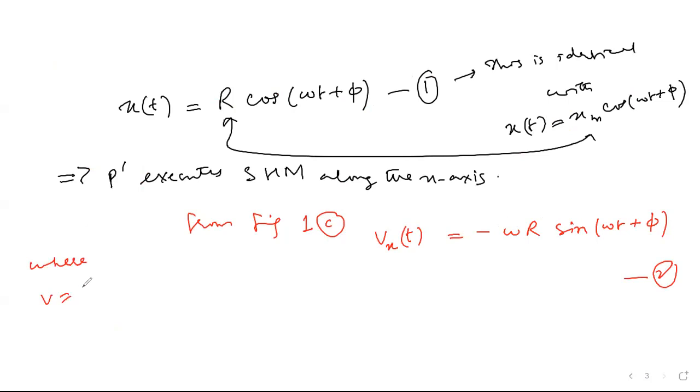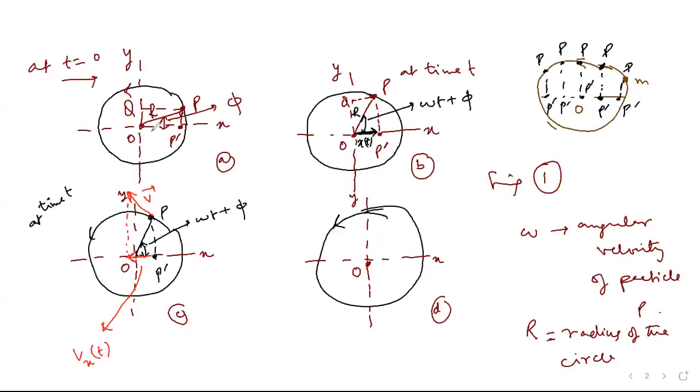V is omega r. If V is the linear velocity of the particle P moving in a circle, and omega is its angular velocity, then there is a relationship between linear velocity V and angular velocity omega. This V is r omega because OP is r, the radius of the circle.